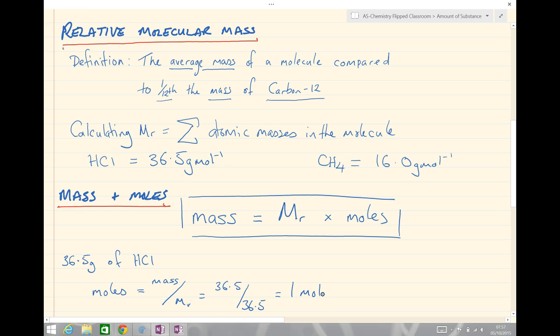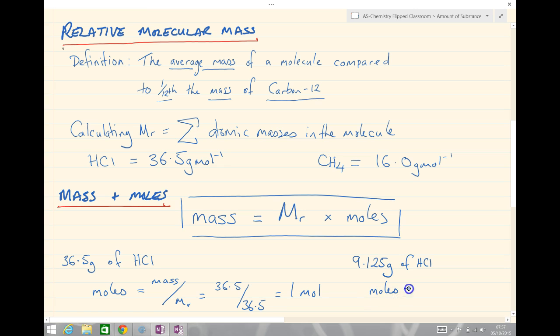Perhaps something a little bit more difficult. If we had, let's say, 9.125 grams of hydrochloric acid, how many moles this time would I have?